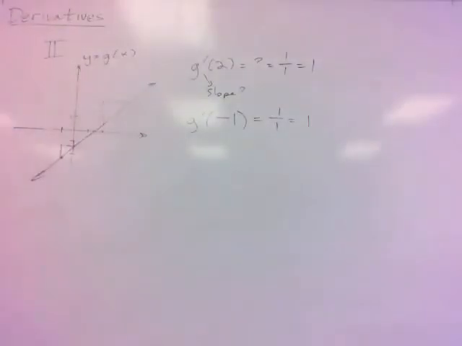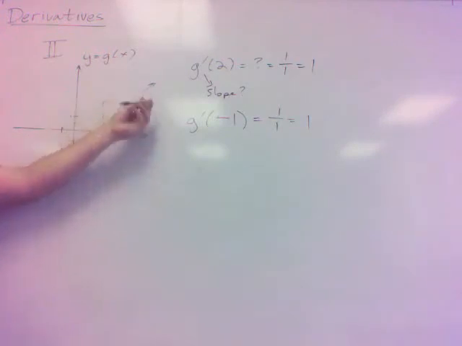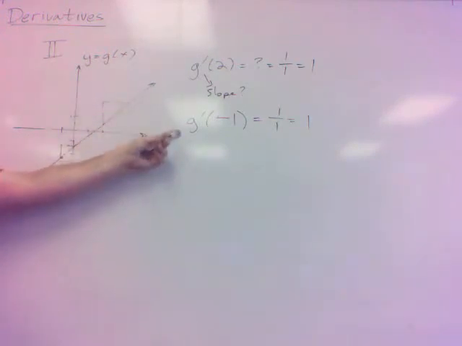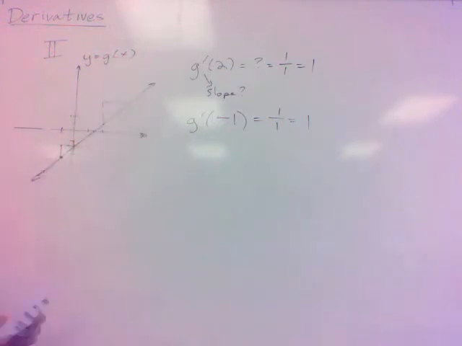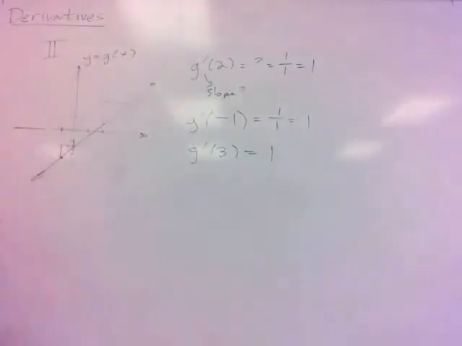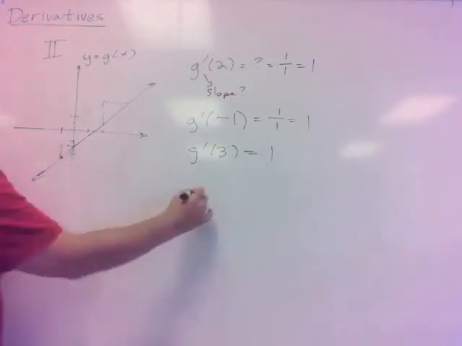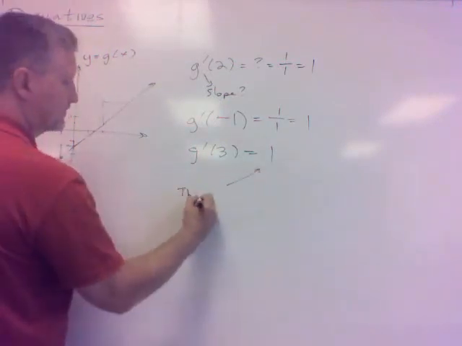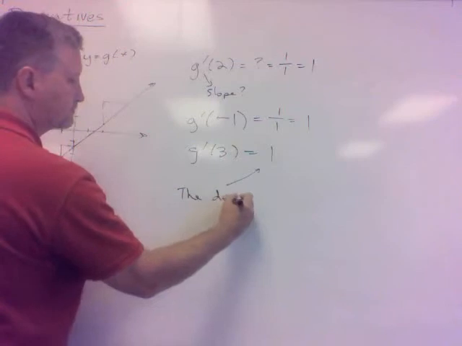Yeah. This line has the same slope here as it does here, as it does here. So whatever derivative you want, it's the same thing. For a line, g prime of 3 would be 1. They're all the same. The derivative of each x value for a line is going to be the same thing, whatever your slope is. It's constant. The derivative is going to be constant for a line.